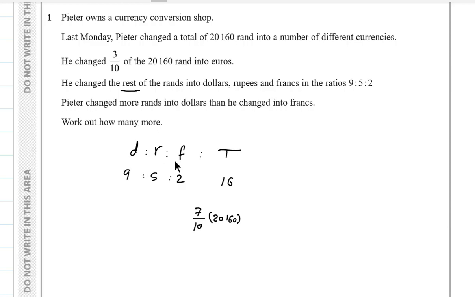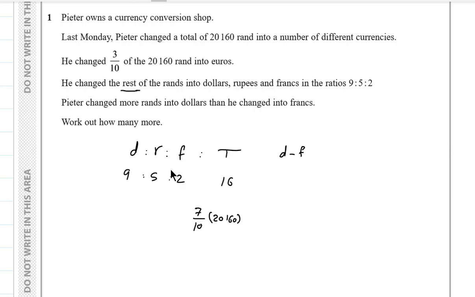The required is to get the difference between the actual amount of dollars and the actual amount of francs. Instead of calculating how many dollars we have and how many francs, we can make another column here to get the difference between the parts of D minus F. Maybe it will be easier.